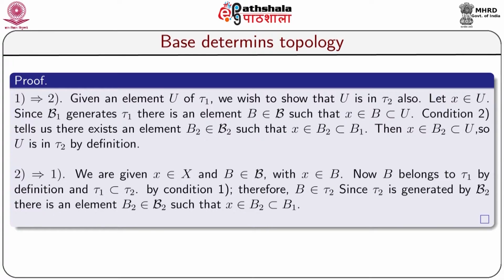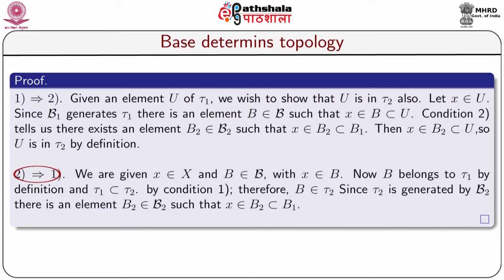That means we have to show that for each element x belonging to U, there exists a basis element from the basis B1 containing that point and contained in U. So, let us consider x belonging to U. Since B1 generates tau 1, there is an element B belonging to script B such that x belongs to B, a subset of U. Condition 2 tells us that there exists another element B2 belonging to script B2 such that x belongs to B2 contained in B1, then x belongs to B2, a subset of U. So, U is in tau 2 by definition.